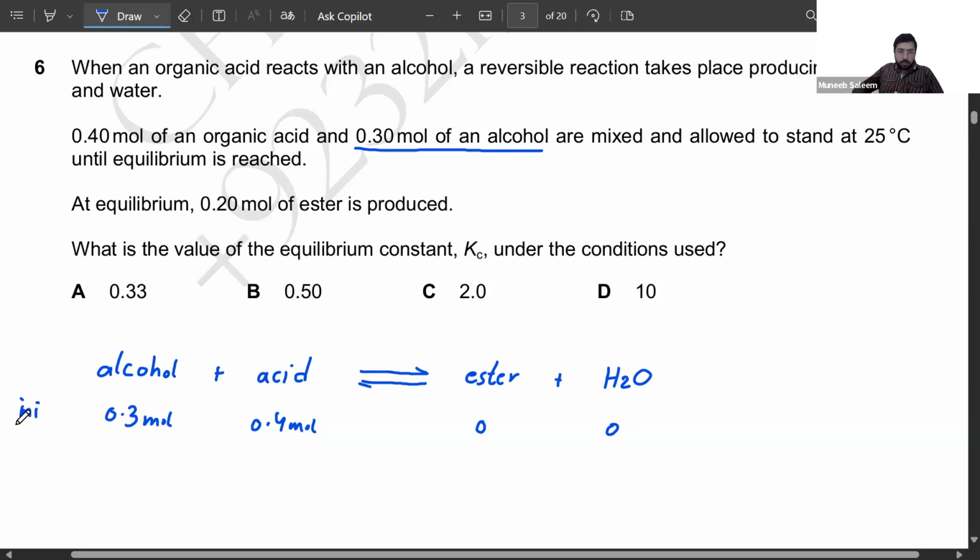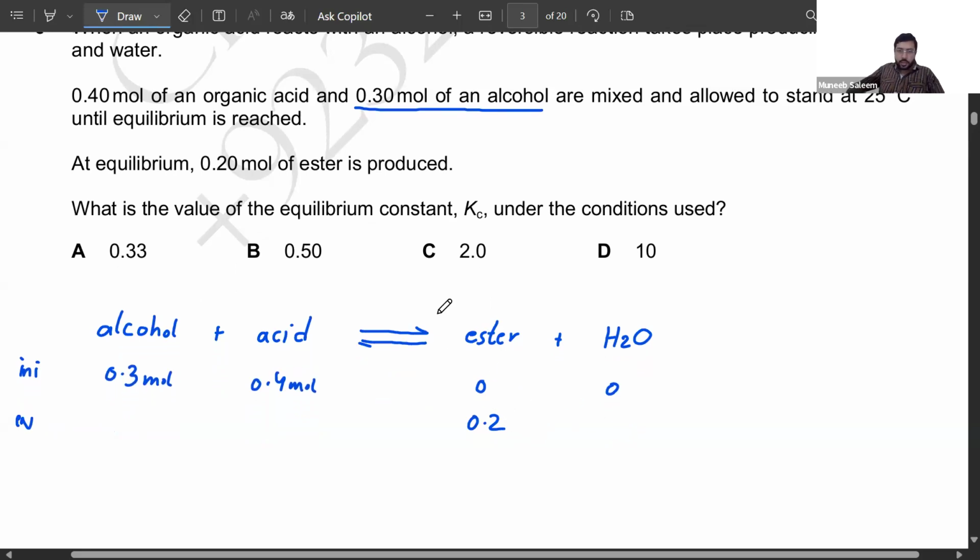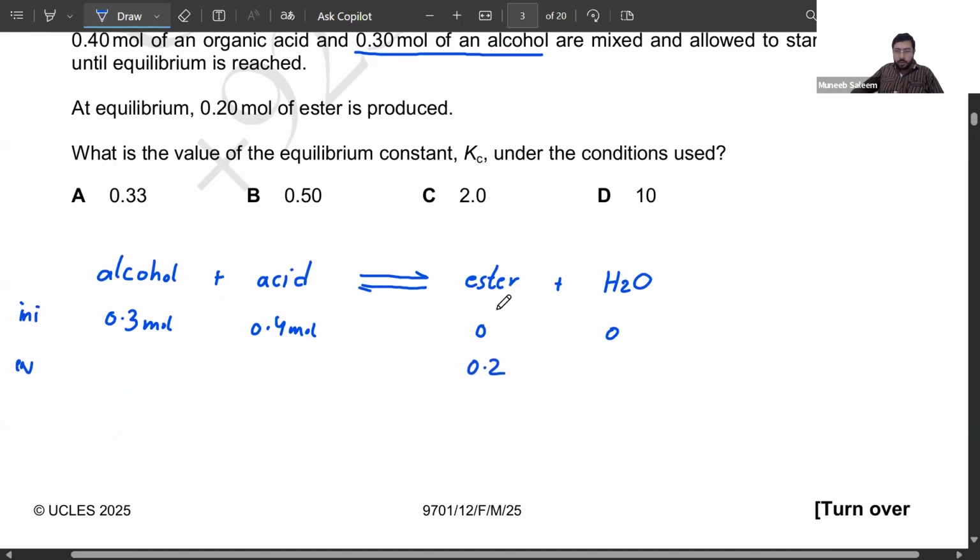But at equilibrium position, the amount of the ester has been mentioned, which is 0.2 mole, but no value of acid or alcohol or water is mentioned. We can infer from here that the amount of ester has increased from 0 to 0.2, which means it has been produced. So if an ester is produced, then definitely the water is also produced by a similar amount. So 0.2 mole of the water should also be produced.